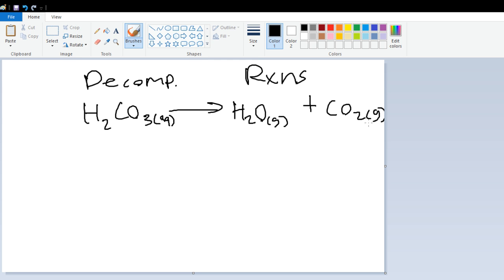Now it just splits nice and easy. H2 over here, H2 over here, CO2 over here, CO2 over here. Just splits up pretty easily. So remember, an oxyacid decomposes into a water and a nonmetallic oxide.